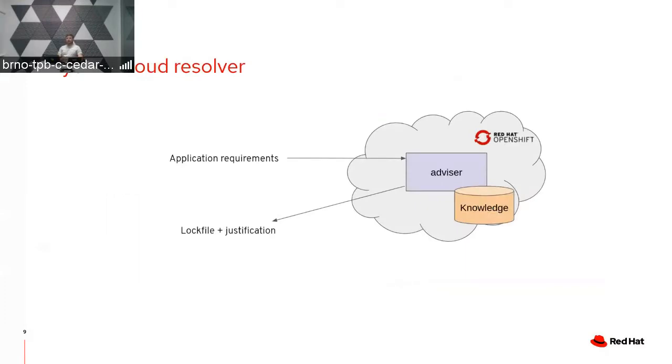So as stated, the Cloud Resolver does not run on clients' machines, but rather clients send requirements to the cloud where the Cloud Resolver is run. The resolver considers the application requirements that are sent and uses knowledge that is accumulated about application dependencies, resolves application dependencies, and provides back a log file stating each dependency together with digests that should be checked when installing application dependencies, but also justification.